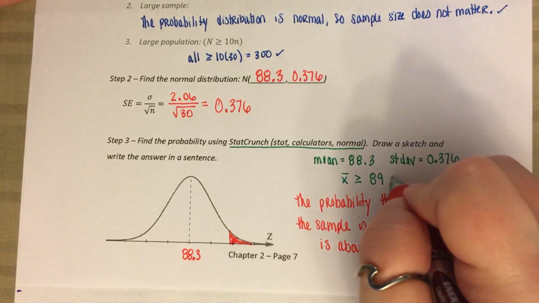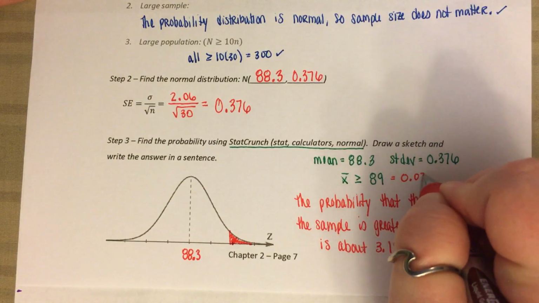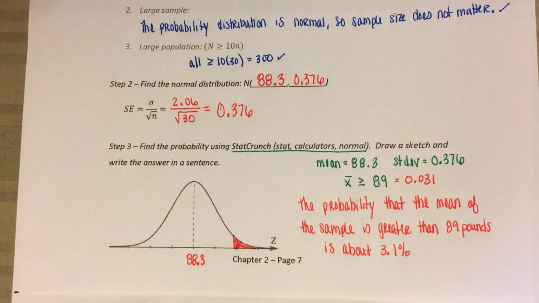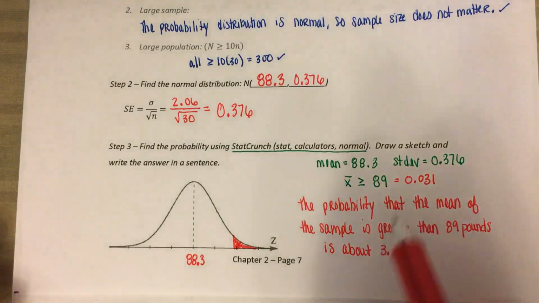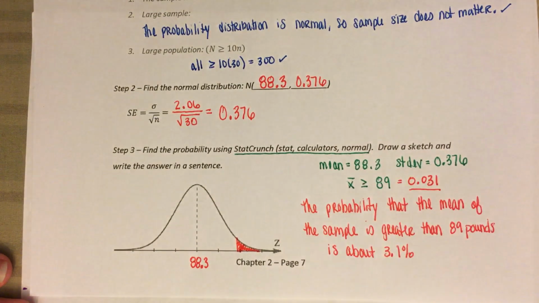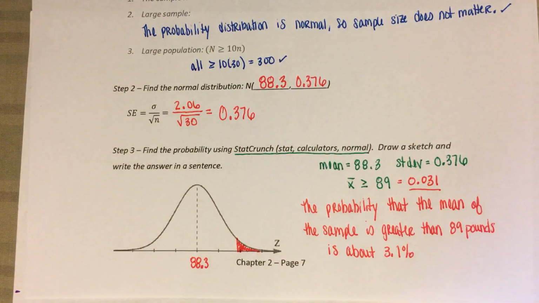And that's the value that gets given to us in StatCrunch. So after we hit compute, this is the value that we have. That's the answer that we get for our probability.